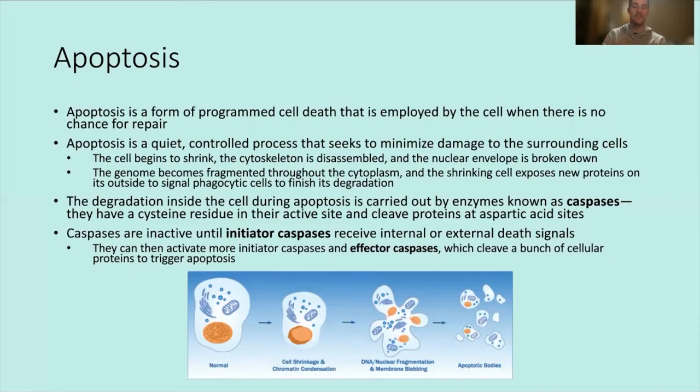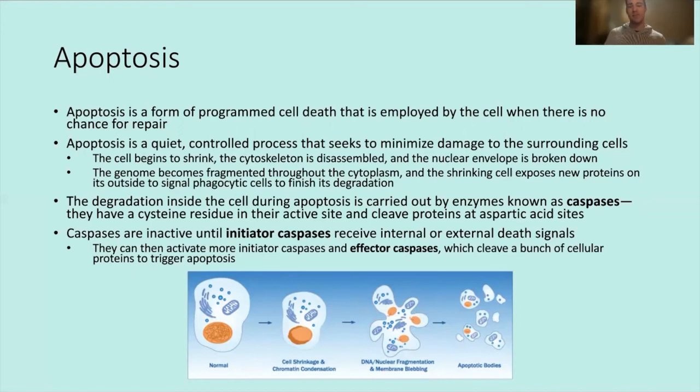It sort of turns into these small little blebs that pop out, and eventually it forms these little tiny bodies that we call apoptotic bodies. And those, like we said, are going to express some weird protein profiles on the outside, so the phagocytic cells can find them and finish degradation. And then, recycle anything that it can recycle and get rid of anything that it can't.